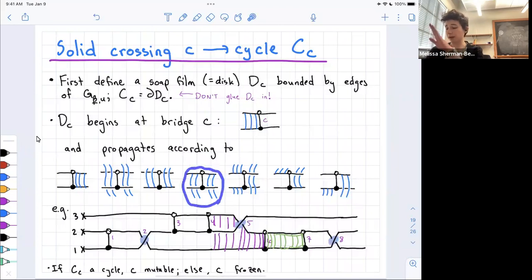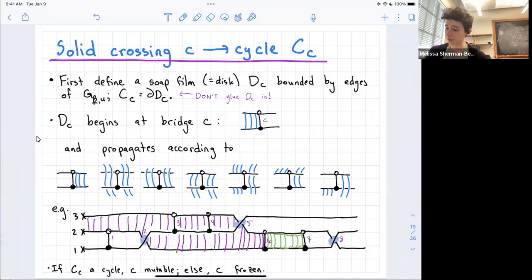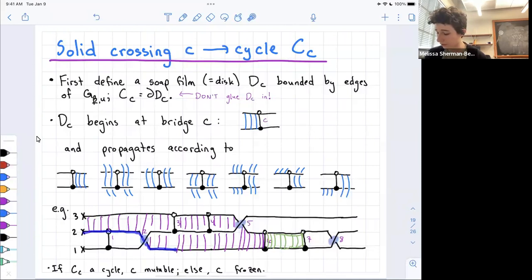So my soap film just passes underneath that bridge undisturbed. And again, at 3, I see exactly the same situation, so my soap film passes undisturbed, and then continues like this. In this situation, my cycle is actually a relative cycle. It looks like that, oriented this way.